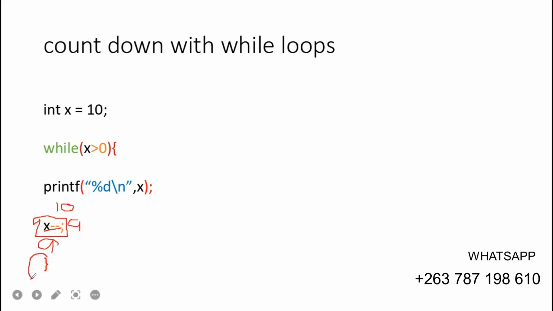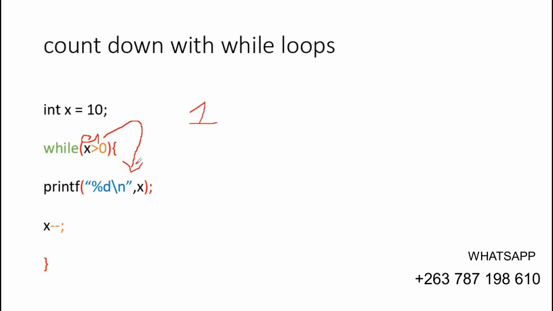As it reaches here, it then goes back to the condition, just like we did before. That's true for all loops. In this condition, x is 9. 9 is greater than 0, it's true indeed, so it returns 1. That means this loop will open, and printf is called and %d is replaced by the current value of x.